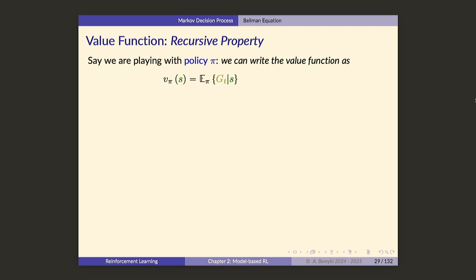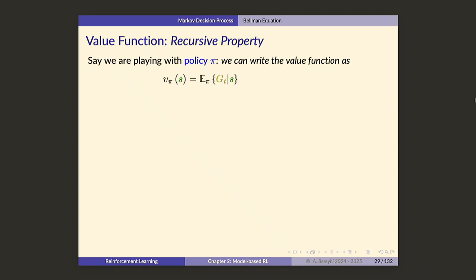Say I'm in a particular state s, the state that I am in at a particular time t. I want to see what's going to happen in the future if I play with policy pi. So I write down the future return and take the expectation.